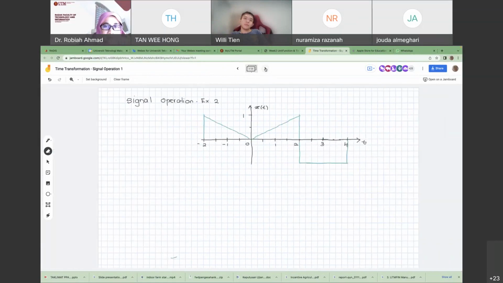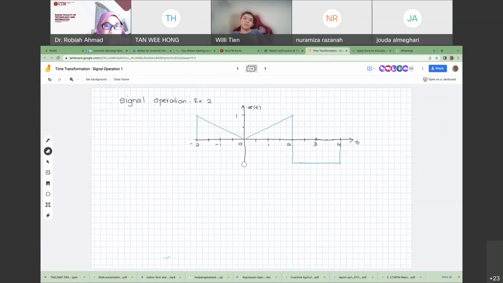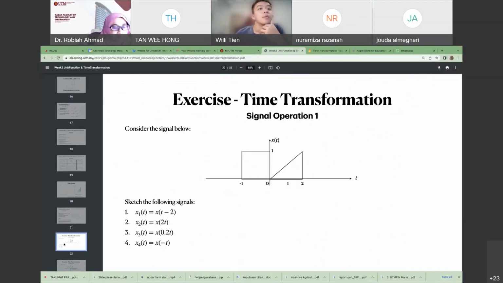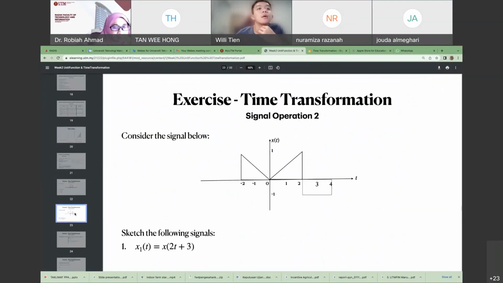Okay, never mind, you try this one first, signal operation. Sketch the following signals. X1(t) will be X(2t plus 3).